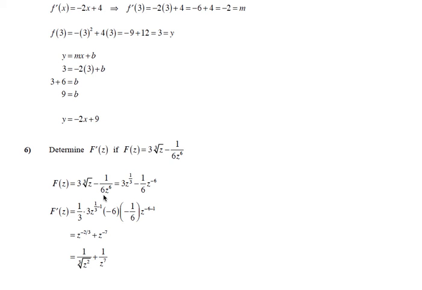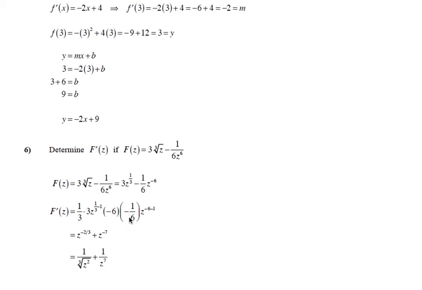And so that gives us 3 times z to the 1/3 right here, minus 1 over 6, the 6 stays down here in the denominator, times z to the negative 6, because z to the negative 6 is the same thing as z to the positive 6 in the denominator. So then we multiply the 1/3 around front and subtract a 1 for the first term, and then we bring the negative 6 around front and multiply it times the negative 1/6.